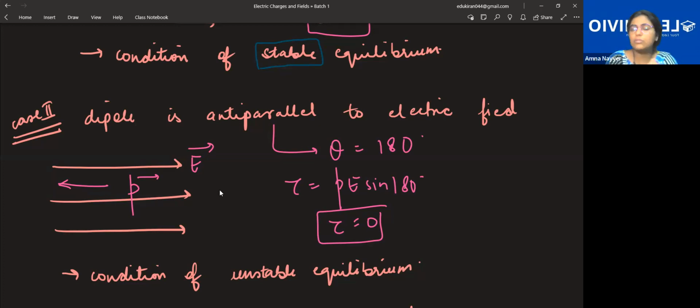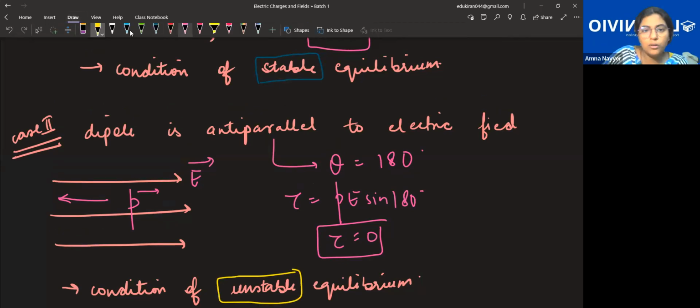So this will always stay in this position. Though equilibrium is there, this is the case of unstable equilibrium. If the angle was less, it would have gone back. But now the torque cannot align it back because they are completely anti-parallel. These are the cases of stable and unstable equilibrium, which you have to remember.